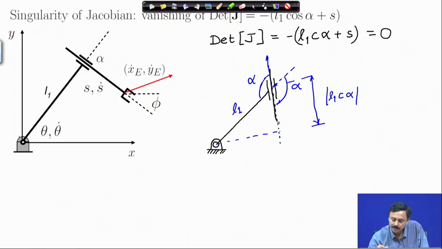which means that if my manipulator is such that the end effector comes here, then we have singularity.